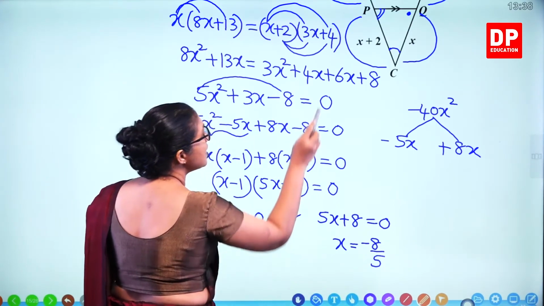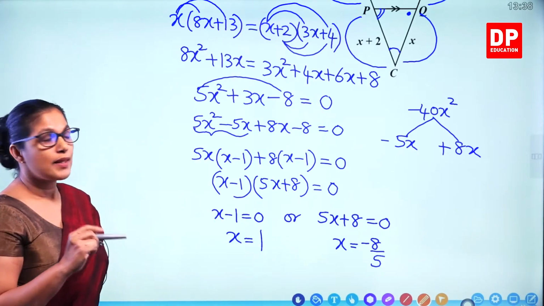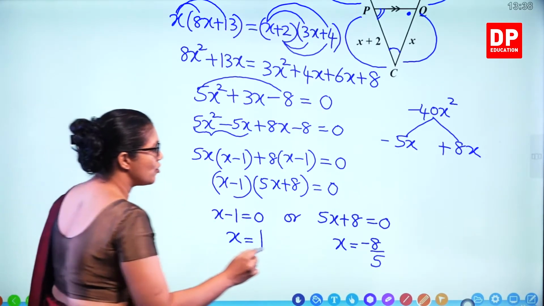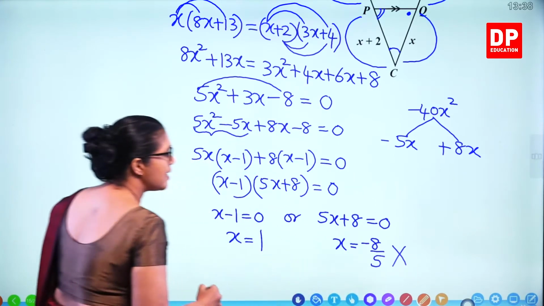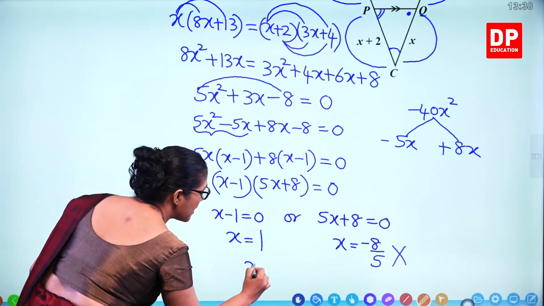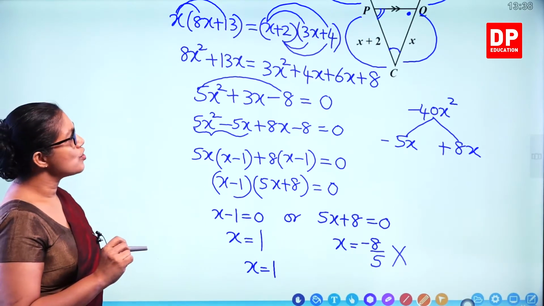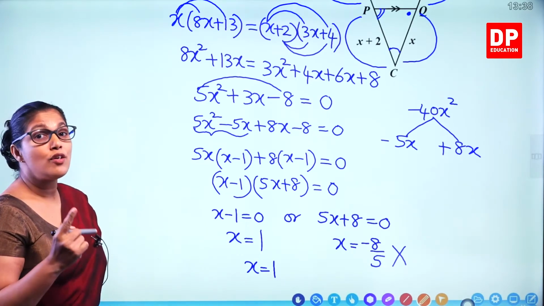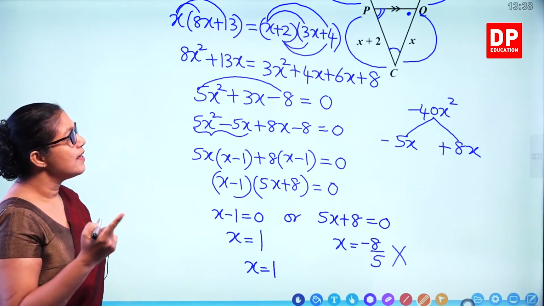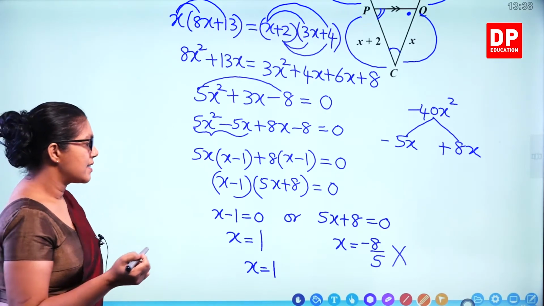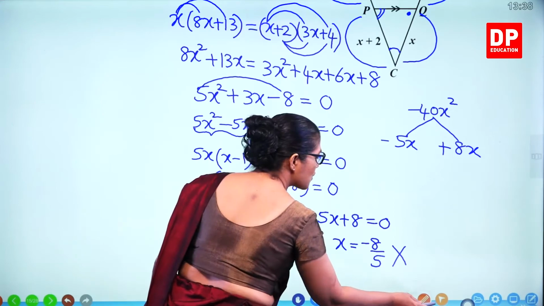Can we get negative x? X is a length. So you can't take a negative value. So x equals 1 is the solution to this equation. Always check whether you can get x as negative. Length cannot be negative. So 2 marks for the whole thing.